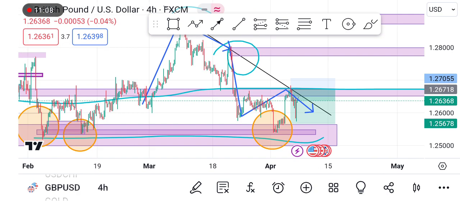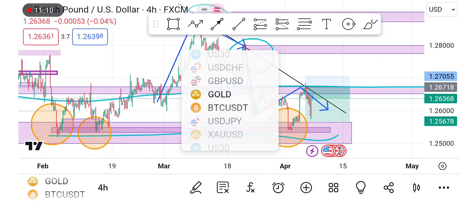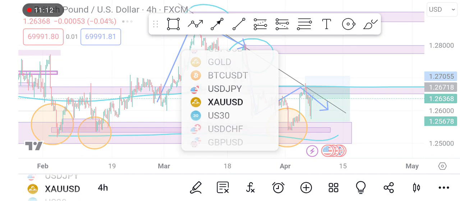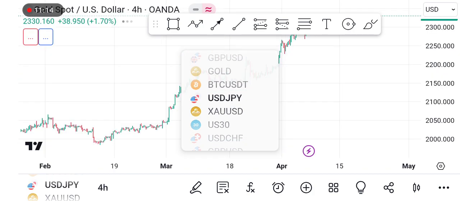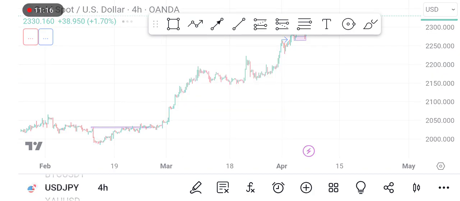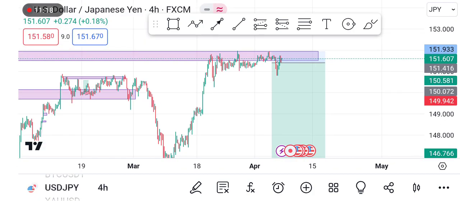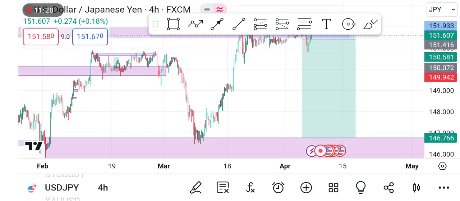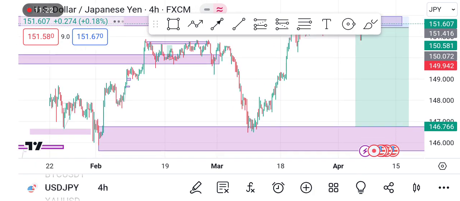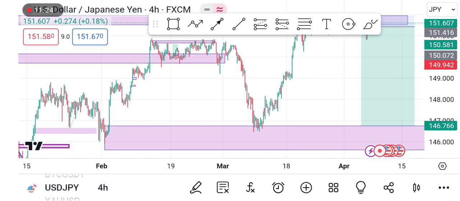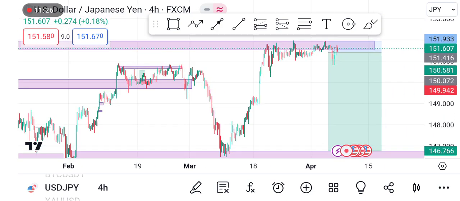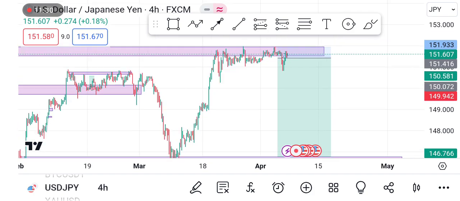Alright, so let's move into another currency pair, USDJPY. USDJPY is a currency pair that I might not like to trade because this currency actually blew off my account.